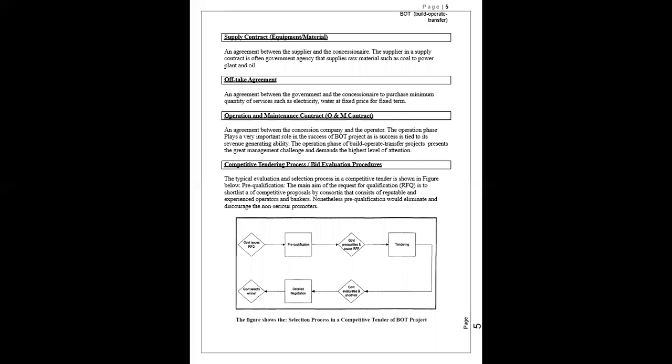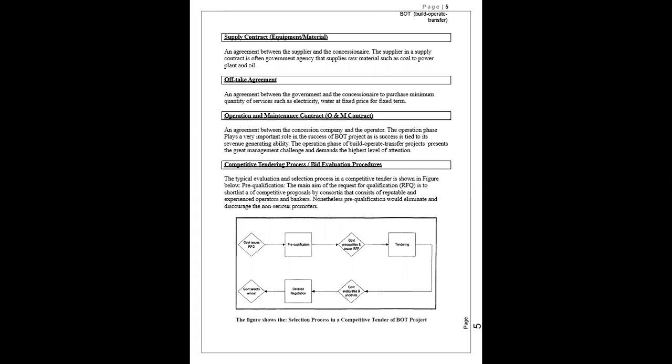The operation phase of a build, operate and transfer project presents a great management challenge and demands the highest level of attention, because during this operation phase only the revenue can be generated, and it shows the revenue generating ability.